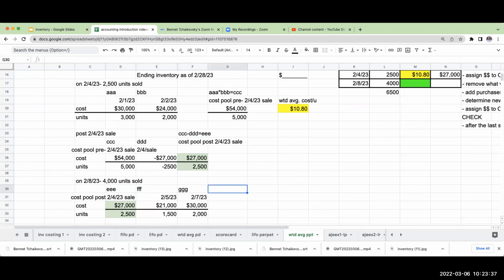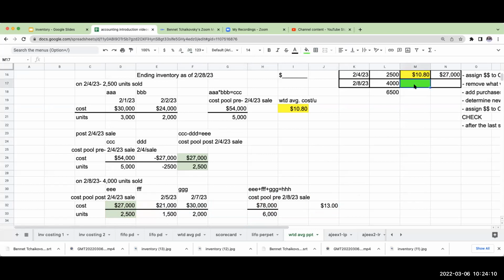So over here, my cost pool pre 2/8/23 sale is going to be 78,000 divided by 6,000, or a total of $13 per unit.